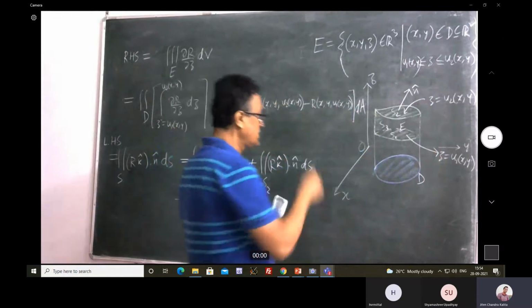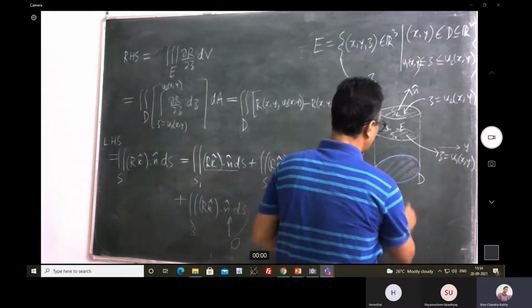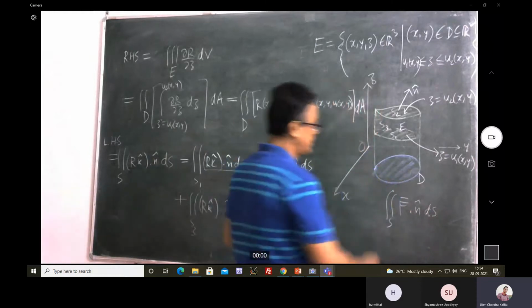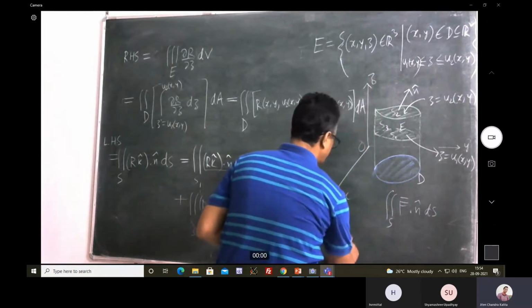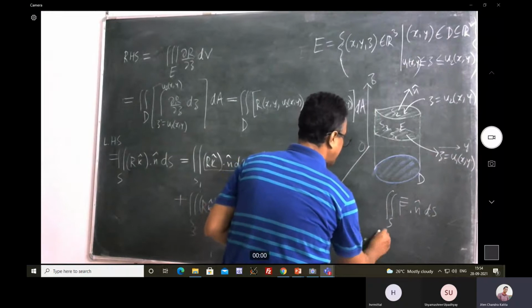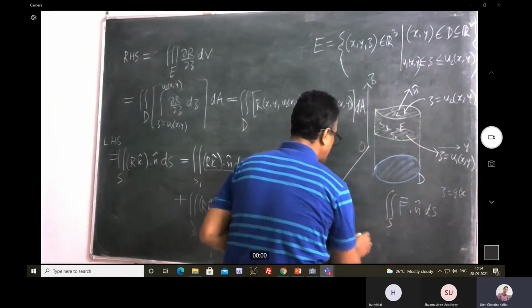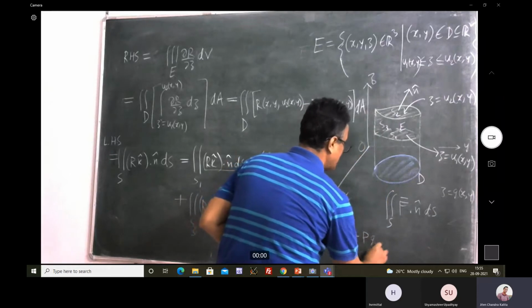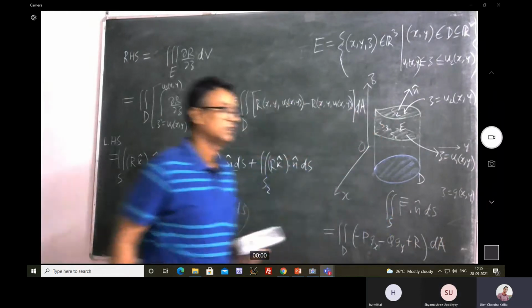Now you know that whenever I want to evaluate something like this, where S is the surface, which is nothing but the graph of a function, if that surface is given by z equal to g(x,y), this simply becomes the integral of F dot minus P g_x minus Q g_y plus R dA. Is it okay?